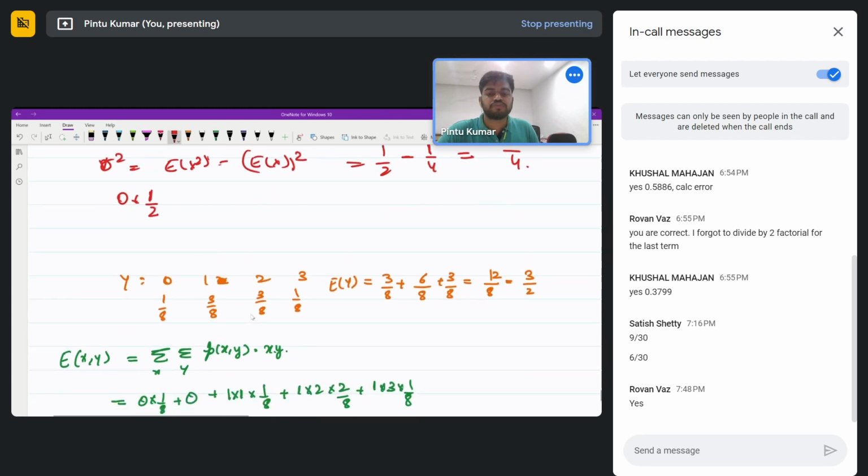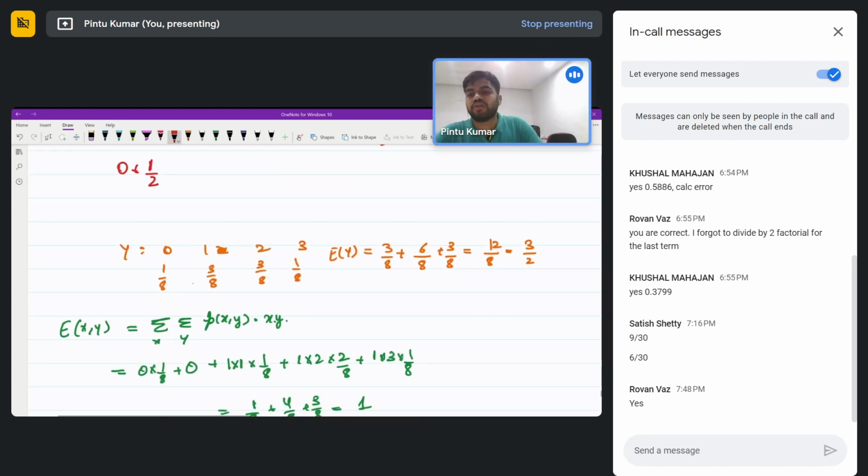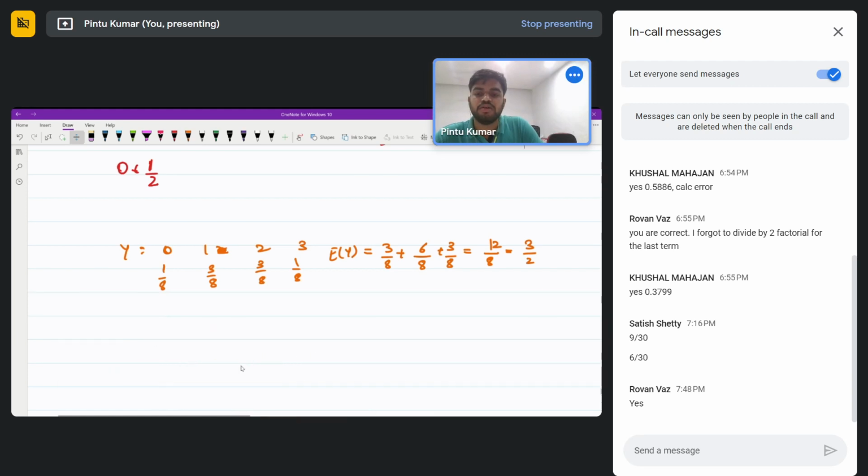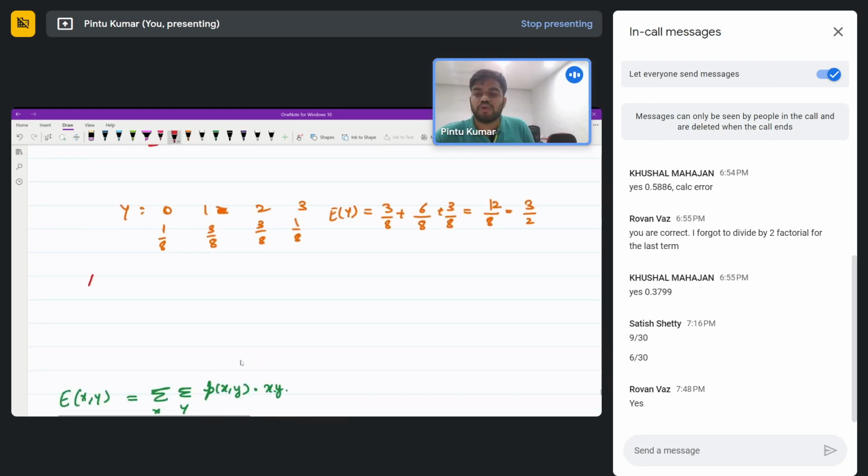And now what is variance for this random variable y? What is expectation of y square? This is 0 plus 1 into 3 by 8 plus 4 into 3 by 8 plus 9 into 3 by 8, right?